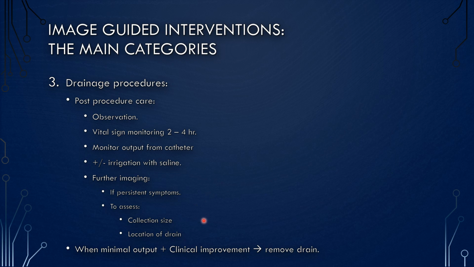Is it still there? Is the drain inside the collection, or was it moved outside, for example, by mistake? When there is minimal fluid output and significant clinical improvement, then it is the proper time to remove the drain. Patient symptoms improve, as well as minimal output from the drainage catheter.